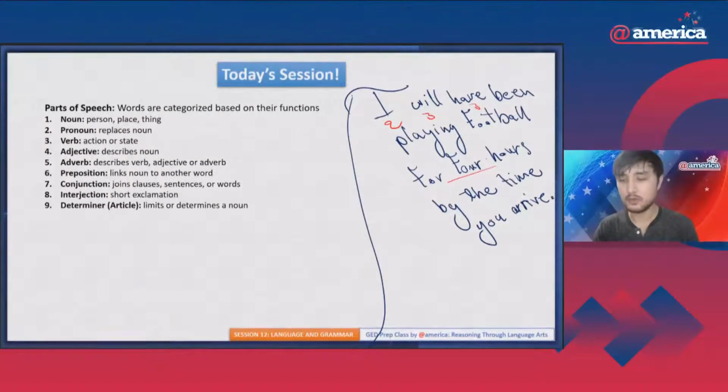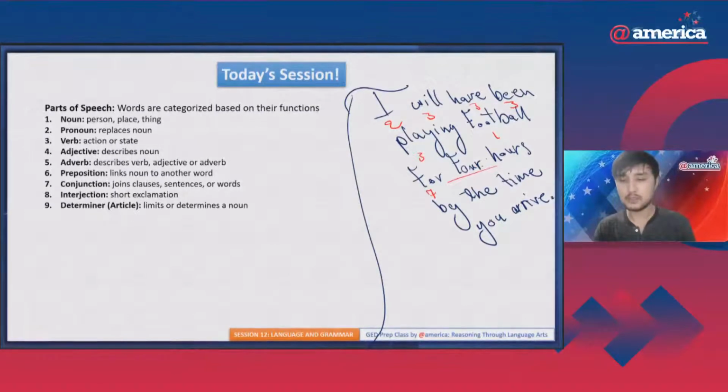So again, verb. Will is a modal auxiliary and have is just auxiliary. Been, again, is a helping verb or auxiliary verb. It's a verb. Playing, it's the ing form of the verb, it's a verb. Football is a noun. For, as we all know, is used to connect sentences. So for is actually a conjunction. What number is it? 7.